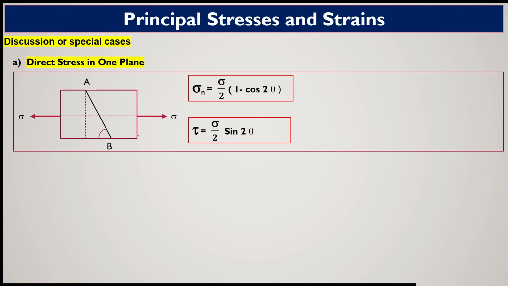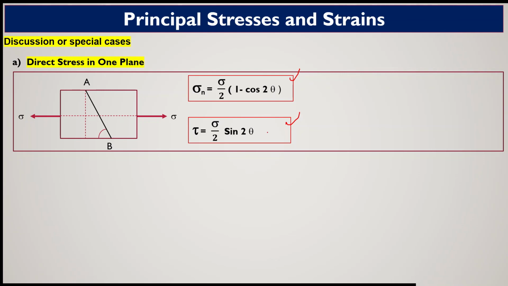This is a body subjected to sigma, direct stress along one plane, and we have to evaluate the effect of this stress on a plane having some angle of inclination theta with the direction of application of the stress. From this we get these two formulas: sigma n, the stress normal to the plane AB, and tau, the stress parallel to the plane AB in the tangential direction.